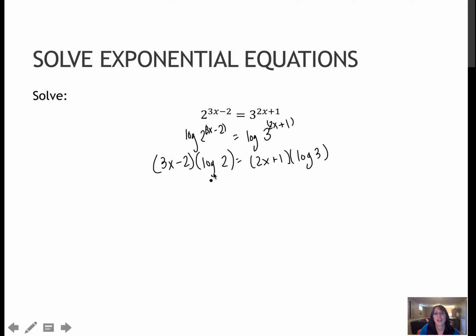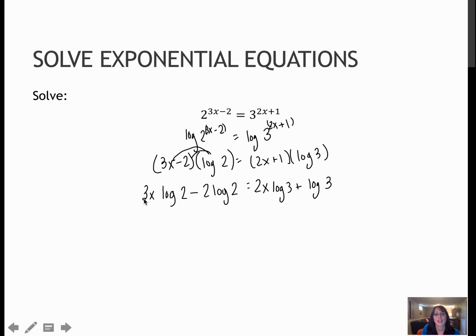But in order to do that, I'm going to have to distribute this log of 2. So I have 3x log of 2 minus 2 log of 2 equals 2x log of 3 plus log of 3.